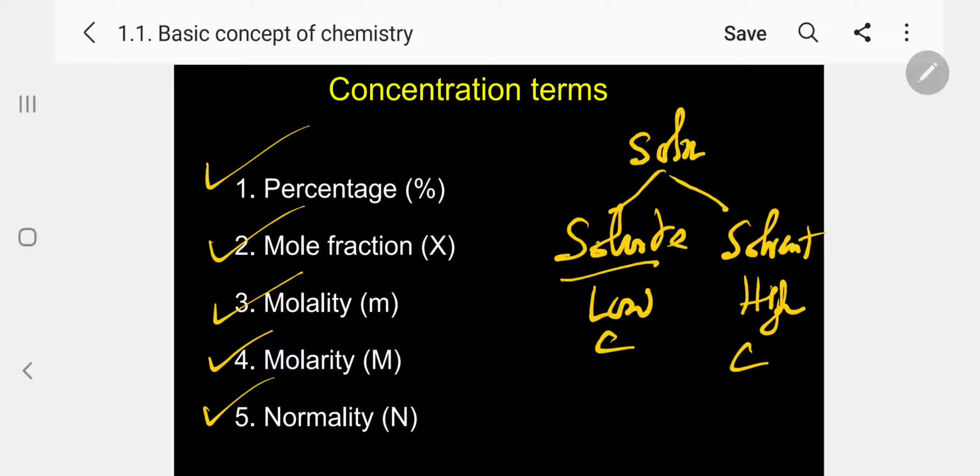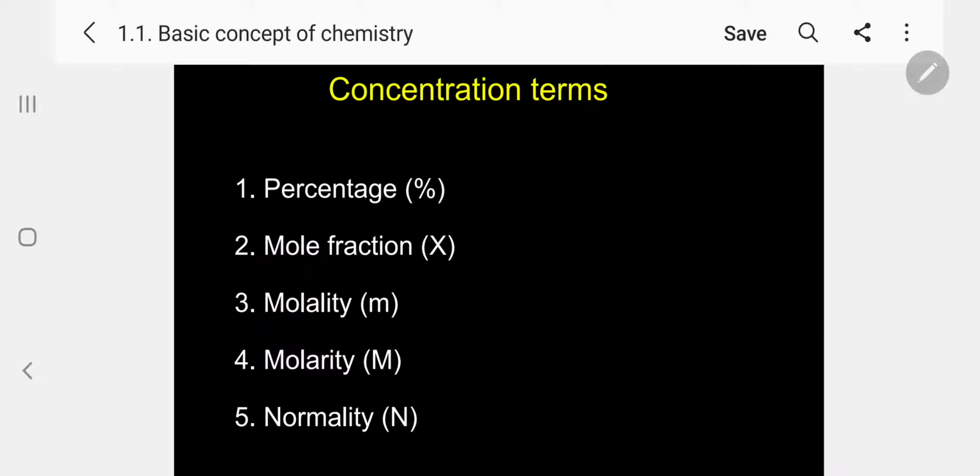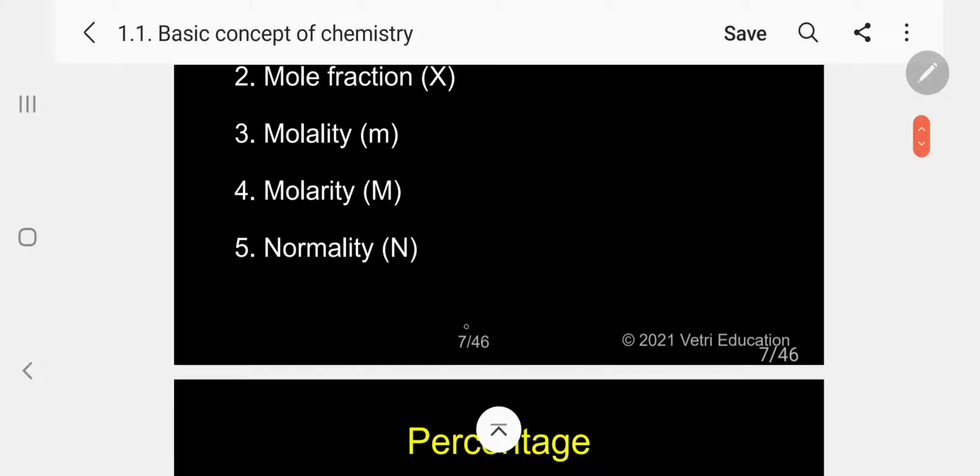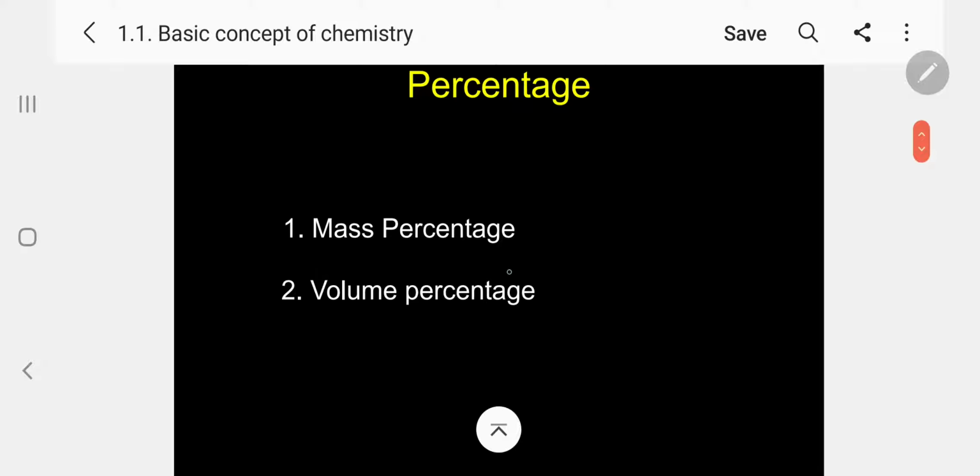Solvent will always be high concentration. So whatever is low is the solute, whatever is high in concentration is the solvent. So that is solutions. Now, depending upon the concentrations, we can give these in terms of percentage, mole fraction, molarity, normality. Let me give each one with a specific explanation so that the answer will be very easy for you.